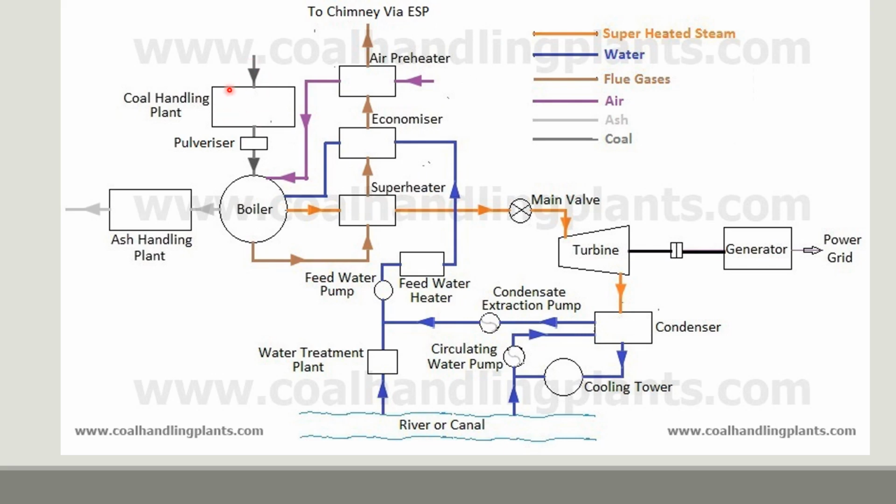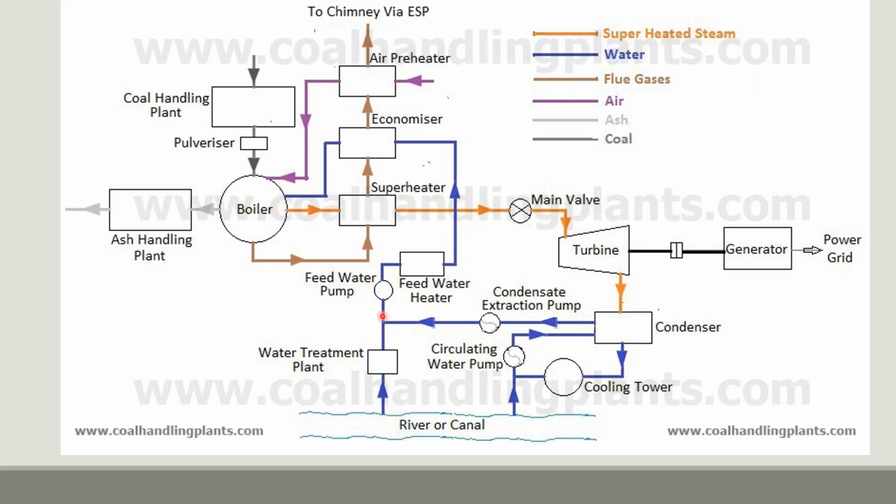So basically, we have a coal handling plant which converts the coal into small pieces. Further, the pulverizer converts the coal into small, micro-sized pieces and provides it into the boiler. The boiler converts the water provided by the canal into steam.